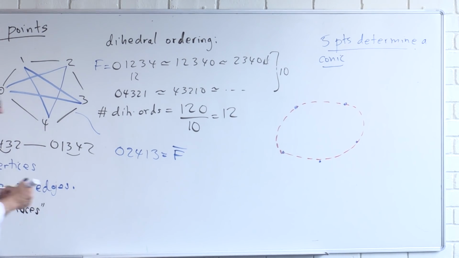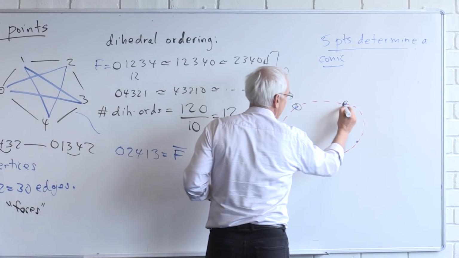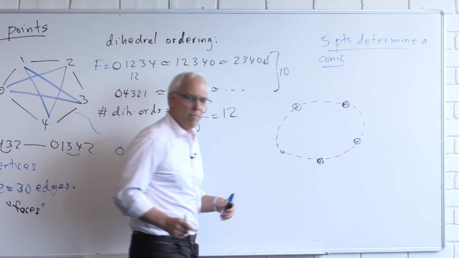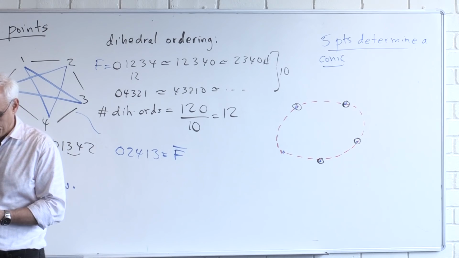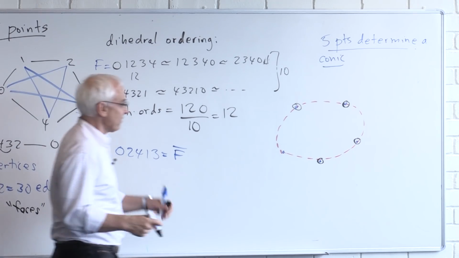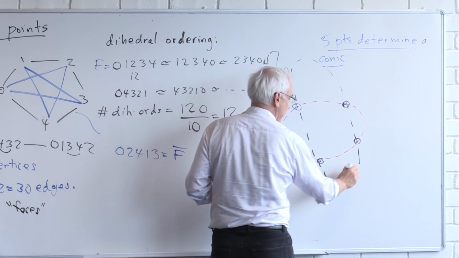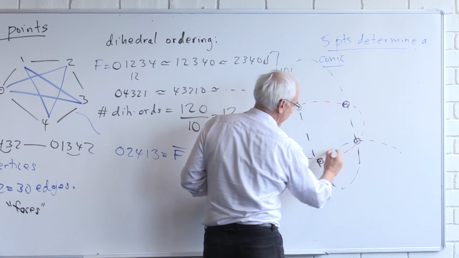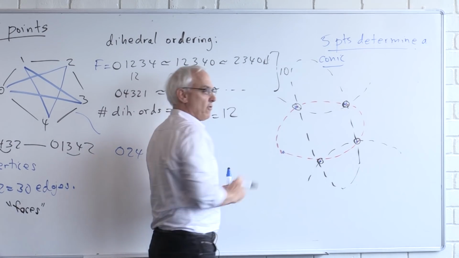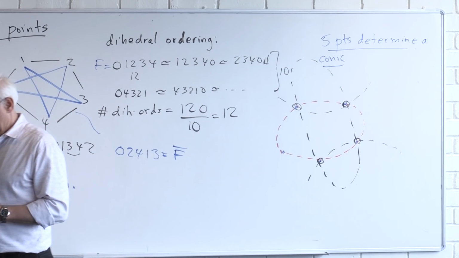So the standard approach is to take 4 points and consider the pencil of conics that go through 4 points. So if you have 4 points, then there's a whole pencil of conics. This is only one of them. There's a whole family, a one-parameter family of conics, including hyperbolas, of course, that pass through 4 given points.